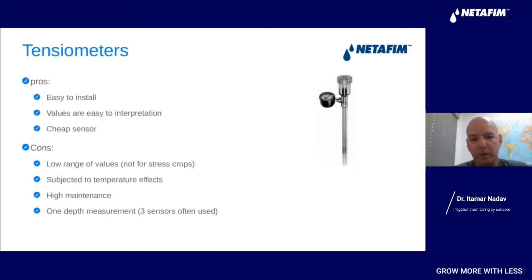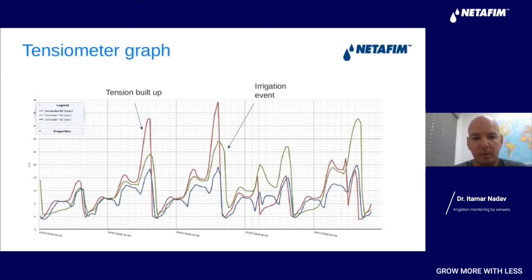And it's very subject to temperature effects, as I will show in a second. It needs a lot of maintenance because it's filled with water, and once in a while you need to refill the tensiometer with water, and it measures only one depth, so you need three of them in order to measure the entire soil profile or the root zone.